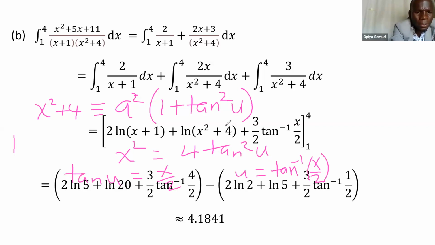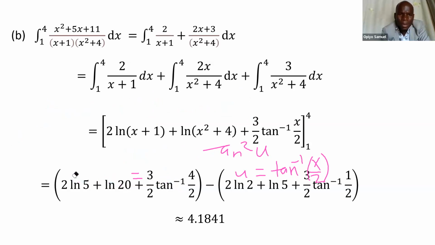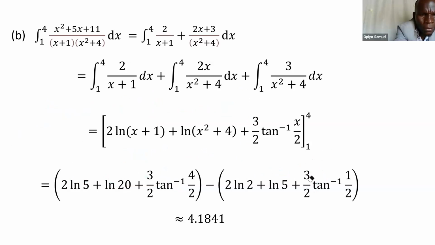Now, we are changing variables from x to u. We need to differentiate this with respect to u. Let me clear all this, then I show you how you can do this. So remember the expression for u. u is arctan of x out of 2.